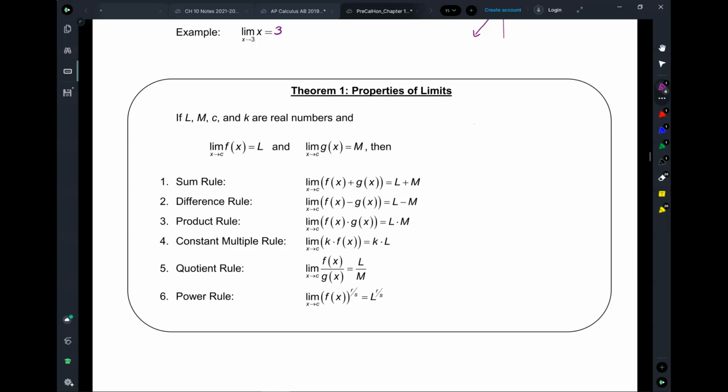All right? So let's take a look at some properties. Suppose you have 2 functions, f of x and g of x.